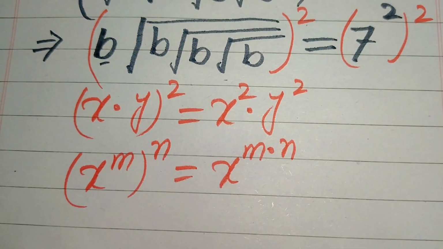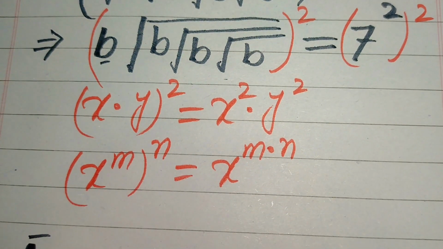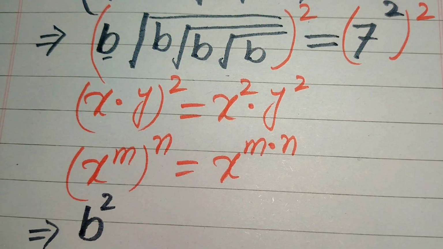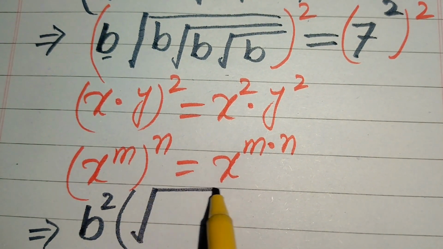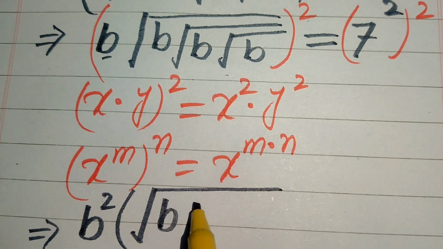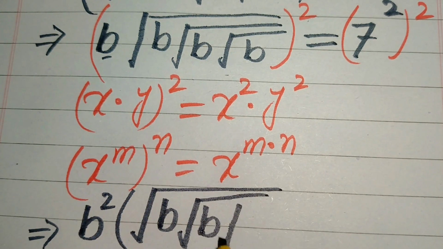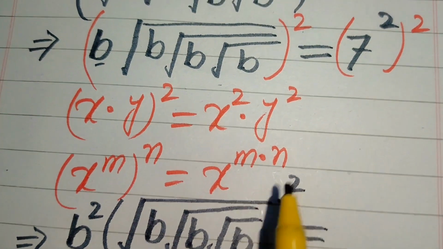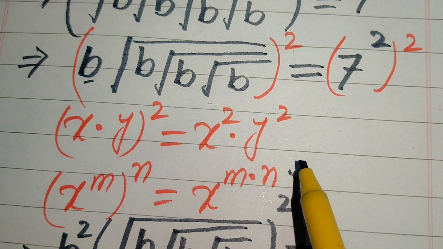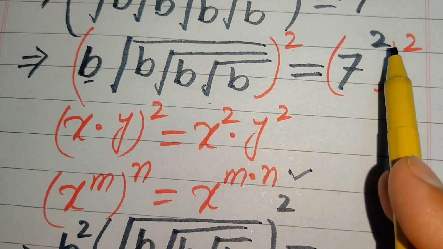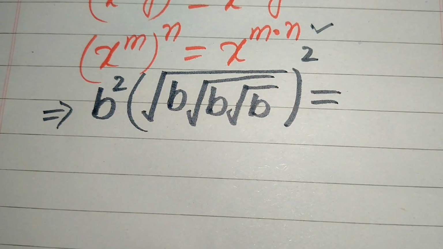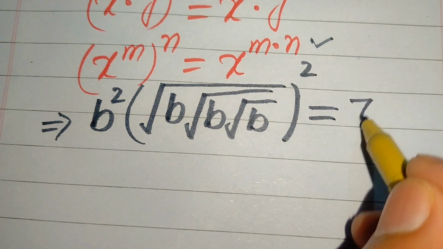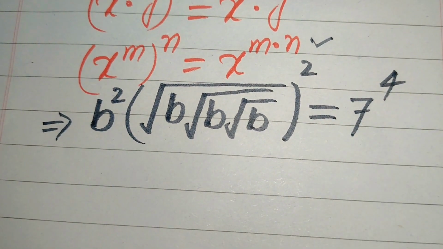According to these two rules, first we apply the square separately on this term and this complete term, and after separation of this exponent, we write it as b squared into the square root of b into square root of b into square root of b, and its whole square is equal to, on the right hand side we use the second formula and multiply both of these exponents, and 2 times 2 becomes 4, so we get 7 to the power of 4.